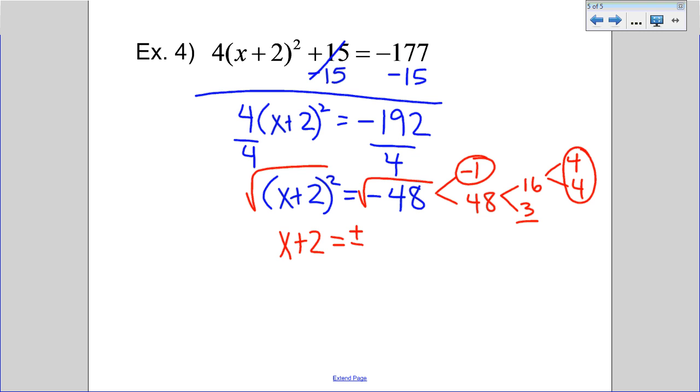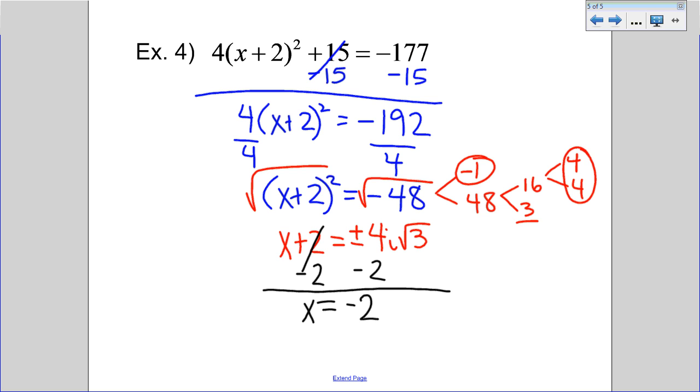A pair of 4s, so we're going to have 4i square root of 3. We have an imaginary number. We have to undo the adding by subtracting. So we're going to subtract 2 from each side. So we have x is equal to, because we're subtracting 2 this time, it's a negative 2. And then we have our imaginary number of plus or minus 4i square root of 3.